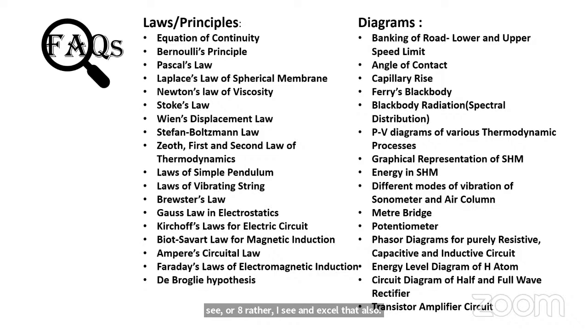Okay. Next part is energy level diagram of hydrogen atom. Many times this diagram is also asked for 2 marks. So energy level diagram of hydrogen atom, how the ground state is of energy minus 13.6 electron volt.